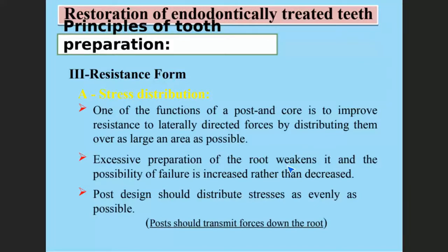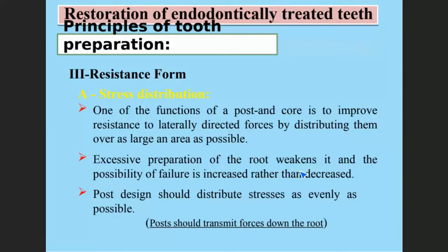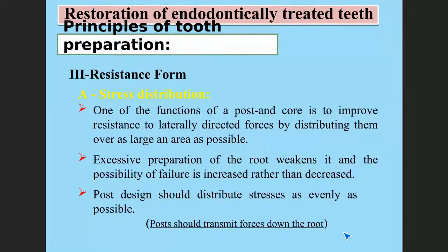So you have to avoid excessive preparation because this will weaken the tooth and increase the possibility of fracture. And the post should transmit force down to the root. So it should distribute the stress as evenly as possible.